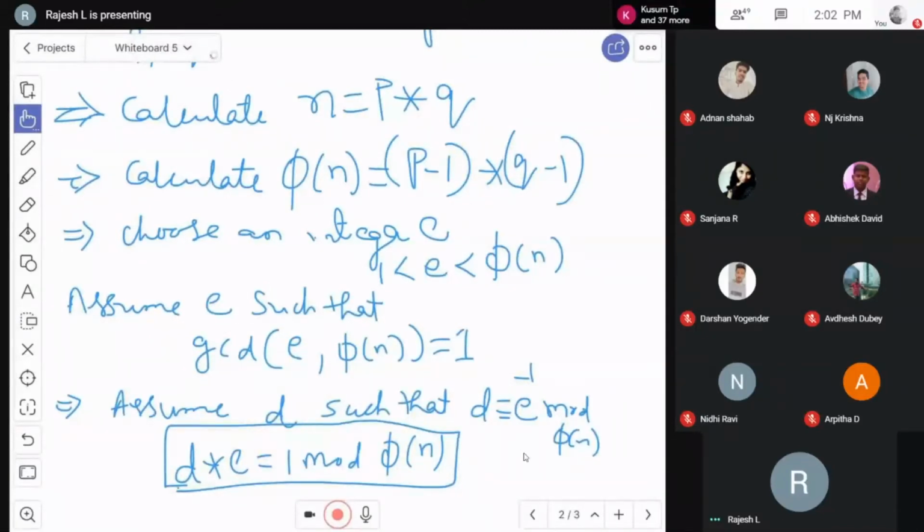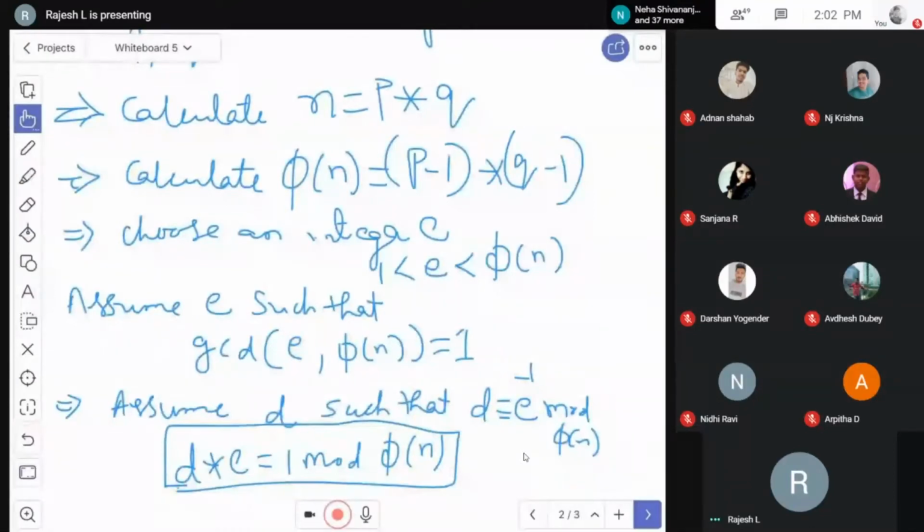If I shift E towards the RHS, D into E is equal to 1 mod phi of n. So with that you have determined the public and private keys: public key equals E comma n, private key equals D comma n.